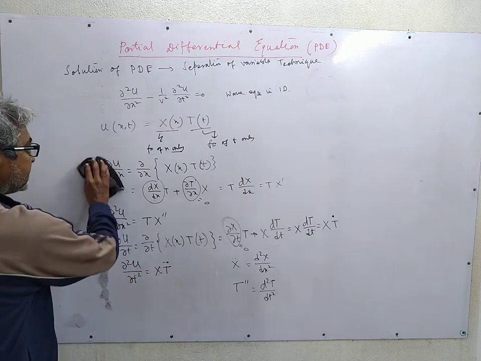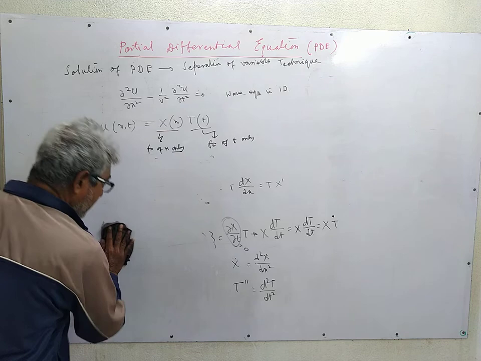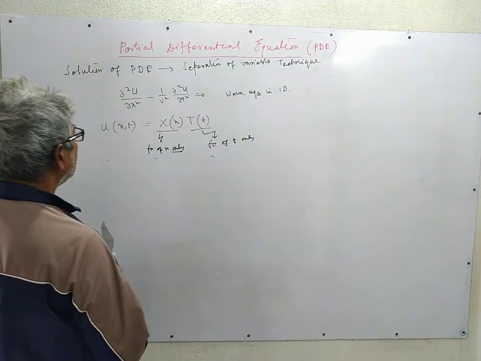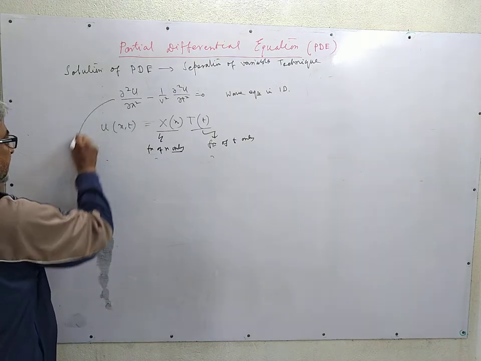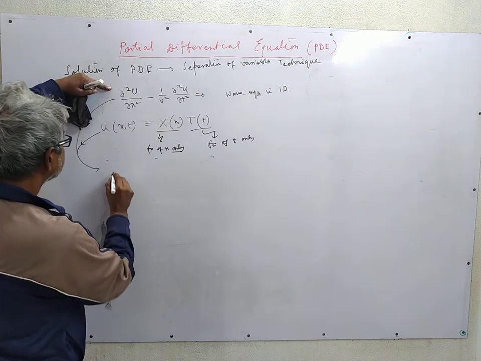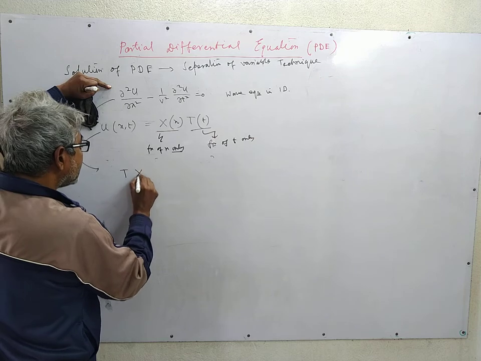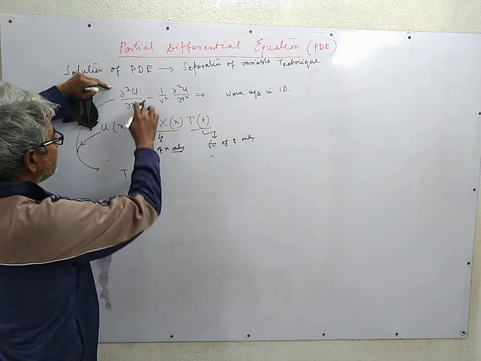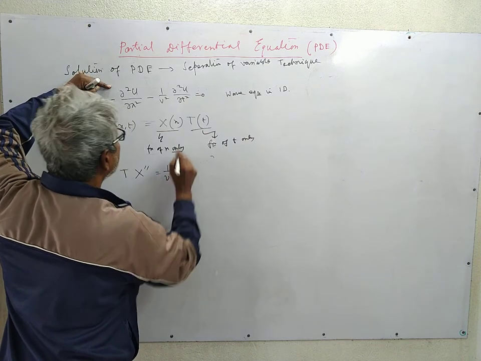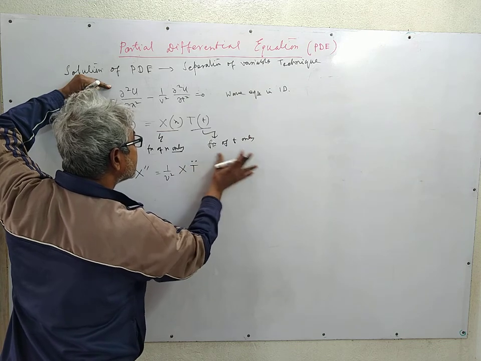So the left hand side, if we use this equation, becomes T times X double prime, and we take it on the other side, this is 1 by v square, this part is capital X times T double dot.